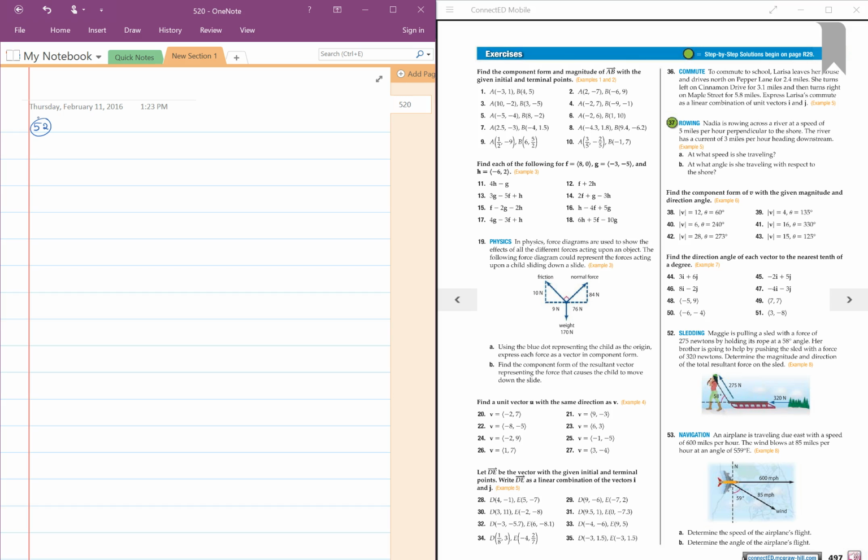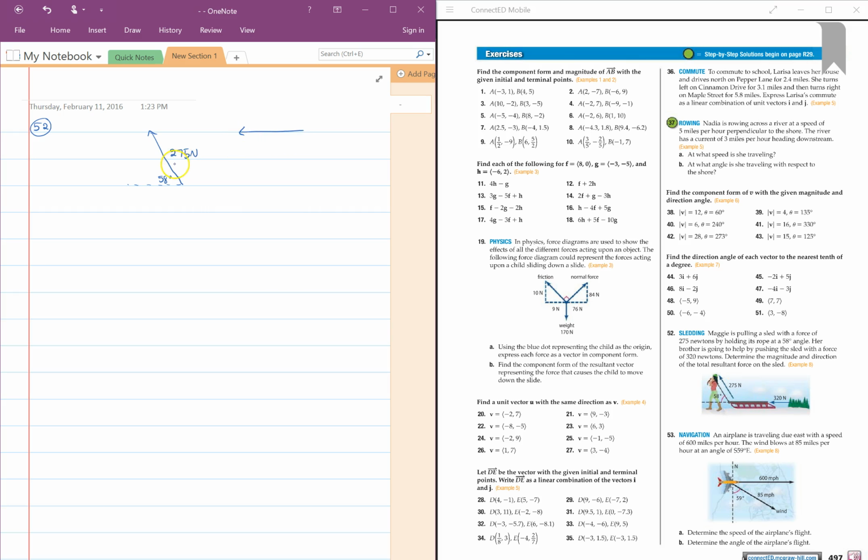So this is Maggie's force, and it's got a magnitude of 275 newtons and an angle of 58 degrees. The brother is going to push horizontally, so this is the brother's force here.